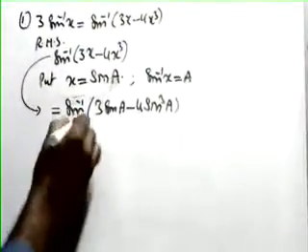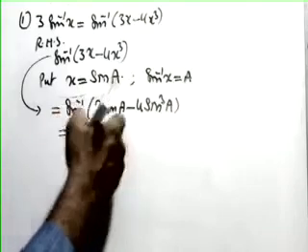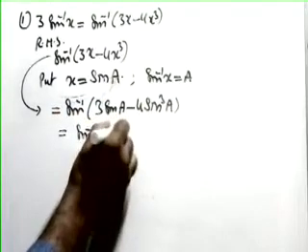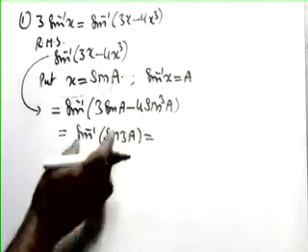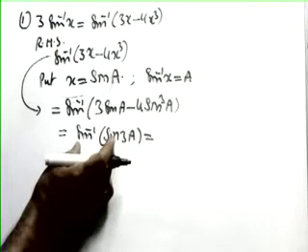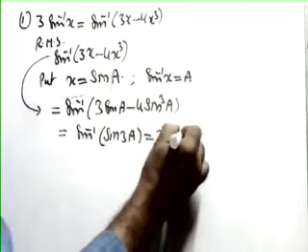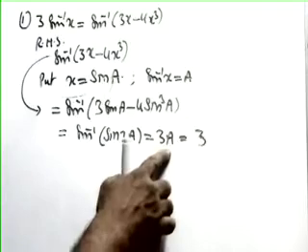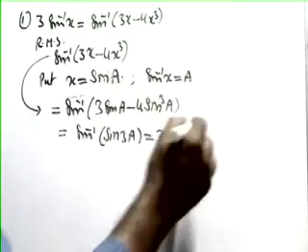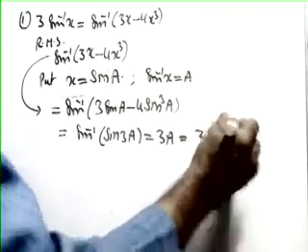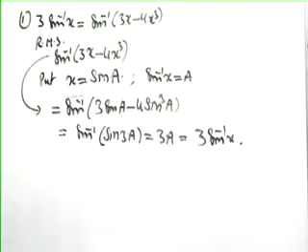So this will become sine inverse of sine 3A. Sine inverse and sine will get cancelled. What is left here? 3A. What is A here? We have seen A is nothing but sine inverse x. So we have proved this.